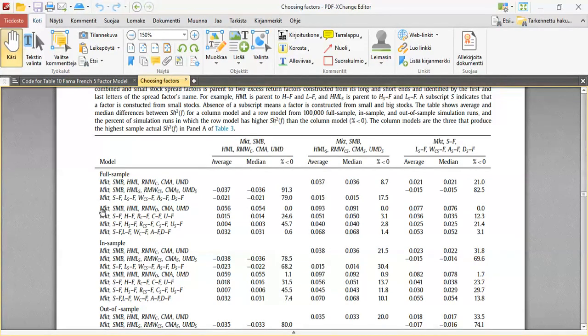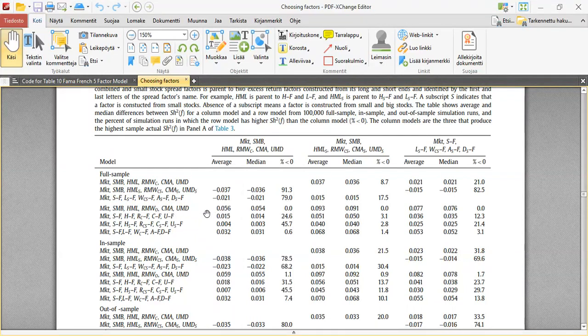So now let's move to column number 4. Here we have the market factor in excess form, size factor, value factor, profitability factor using operating profitability, investment factor, and momentum factor. So we test this model from equation 4, you remember, against the column model, which is the 6-factor model using cash profitability instead.